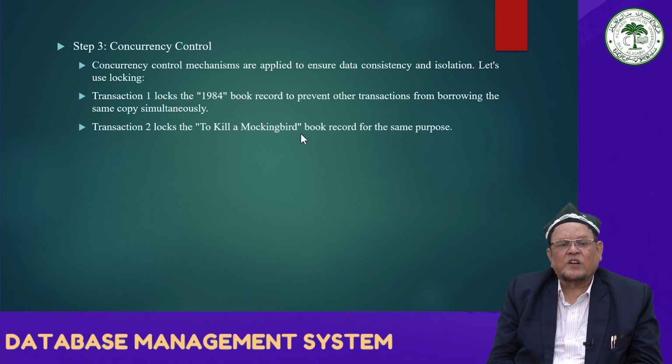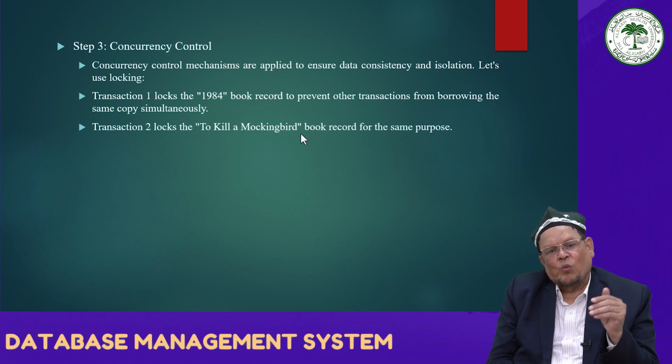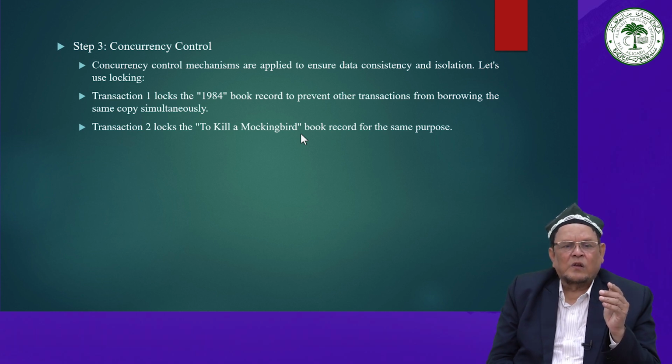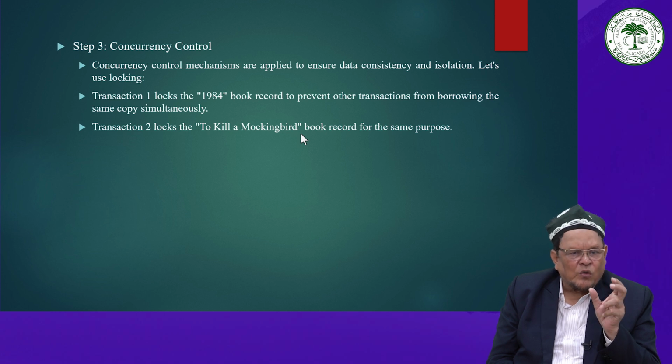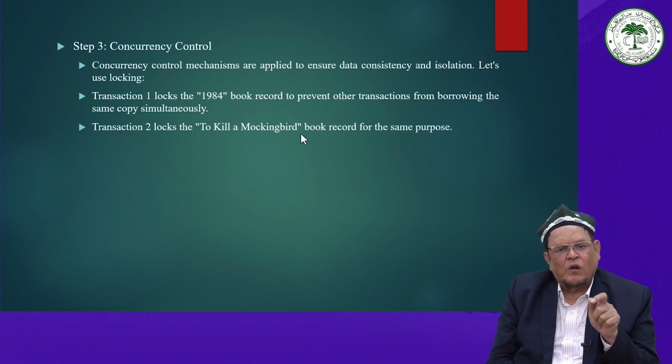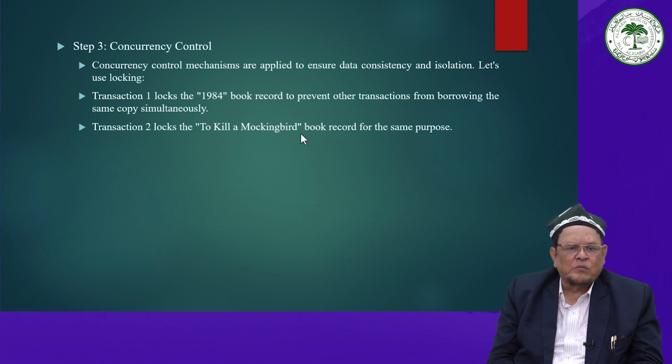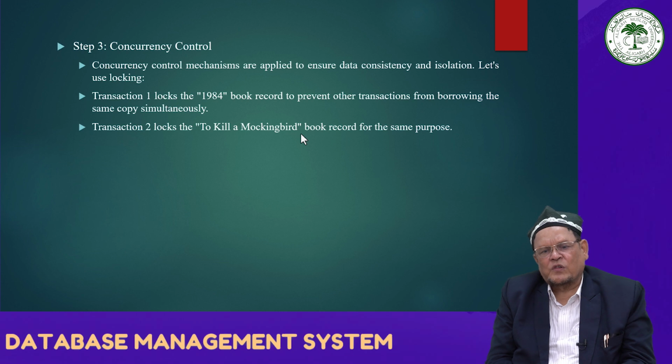Third step, concurrency control. For that, locking is used. Transaction 1 locks the 1984 book record to prevent other transactions from borrowing the same copy simultaneously. Transaction 2 locks the To Kill a Mockingbird book record for the same purpose.